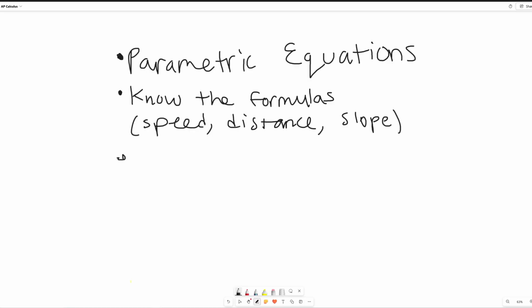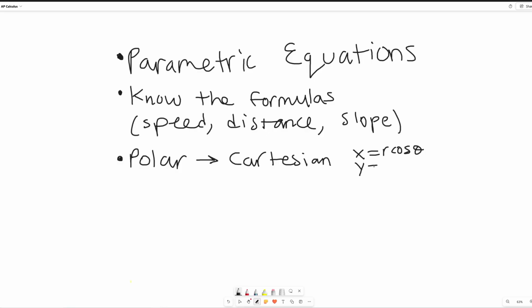Okay, now you have polar functions. So understand that polar can go into Cartesian coordinates. So x equals r cosine theta, y equals r sine theta. And then you need to know this formula.